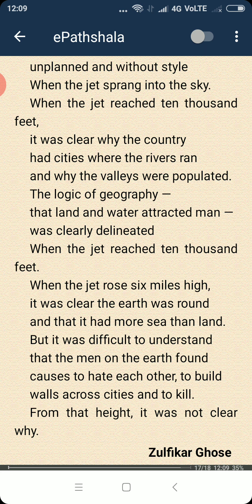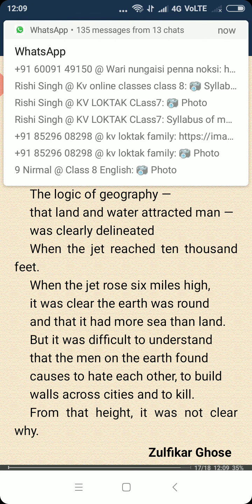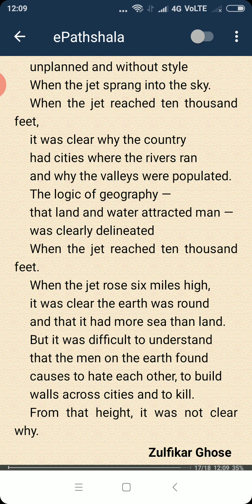We also have to understand the human geography, our culture, our history, our religion and language. So only when we understand this, then we can say that yes, there will be no such wars and there will be no such hatred among each other.